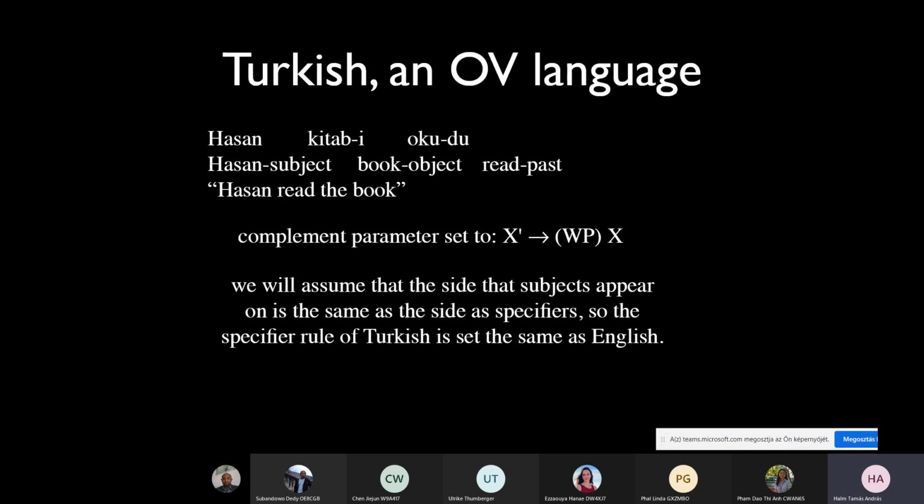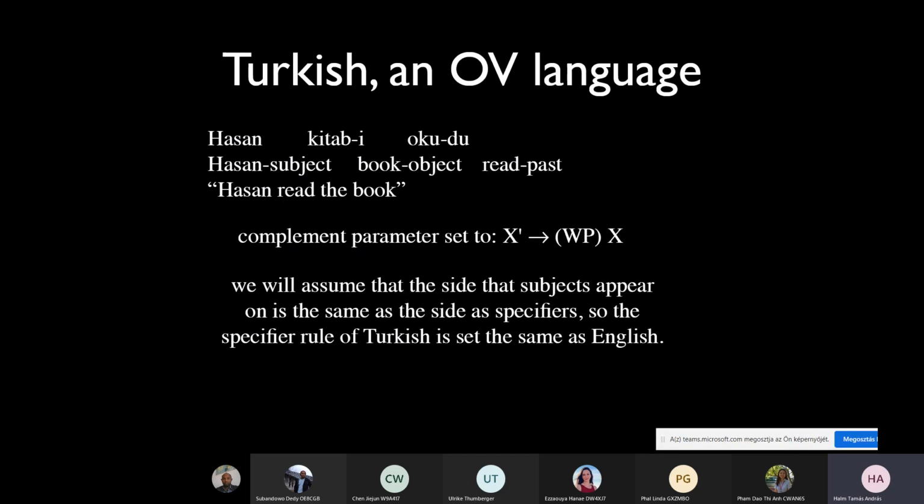Okay, and you see that the word order is quite different from English because this is subject, object, verb. So a different word order compared to English. How can we explain this in terms of these parameters? As we discussed already today, the object is the complement of the verb. So it seems that in Turkish, complements precede the head.